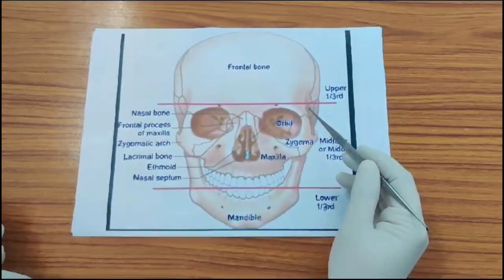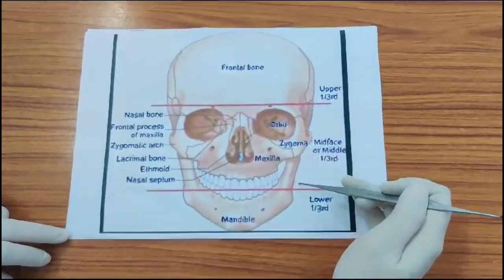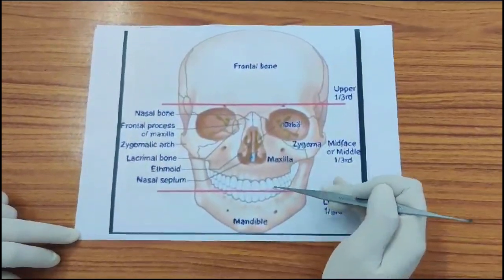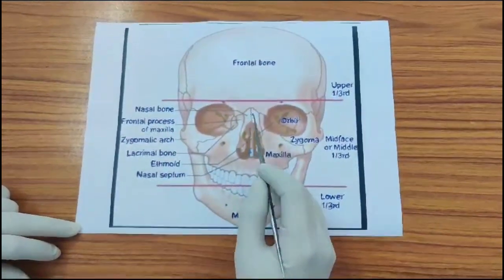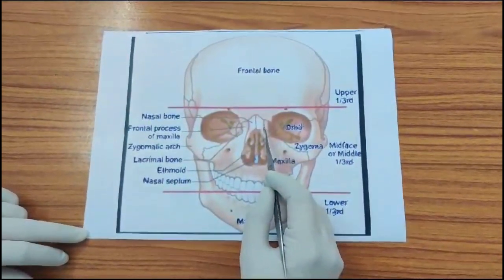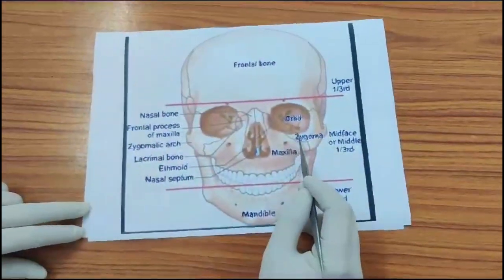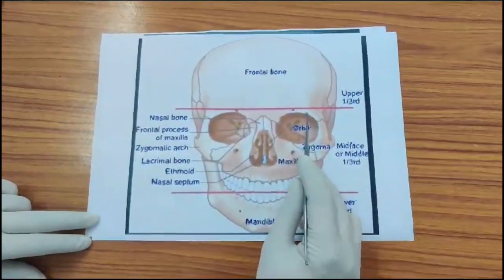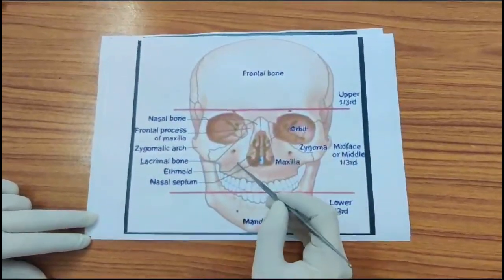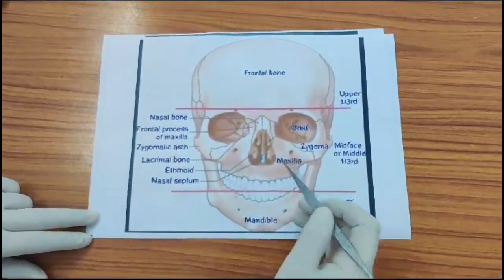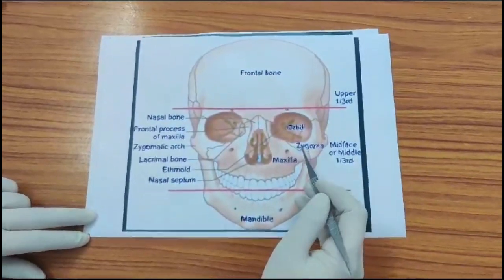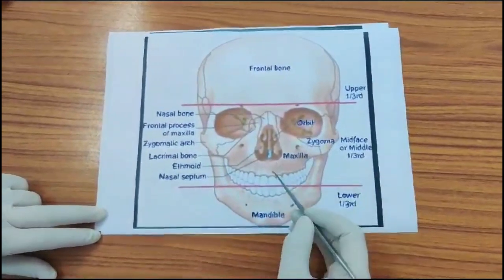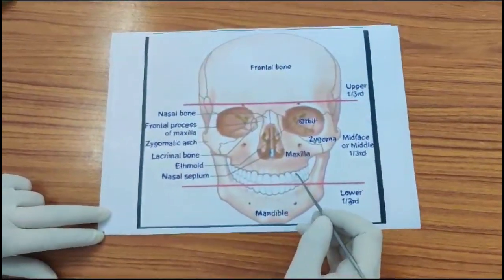What all structures are to be examined in the middle one third of the face? The examination includes the nasal bone along with the naso-orbital area, orbits both right and left, then the peri-orbital area, zygoma, malar bone, zygomatic arch, maxilla, and the upper teeth.